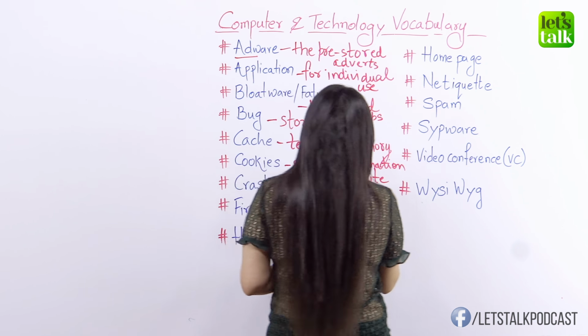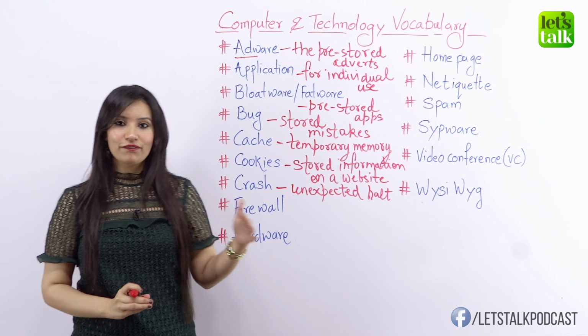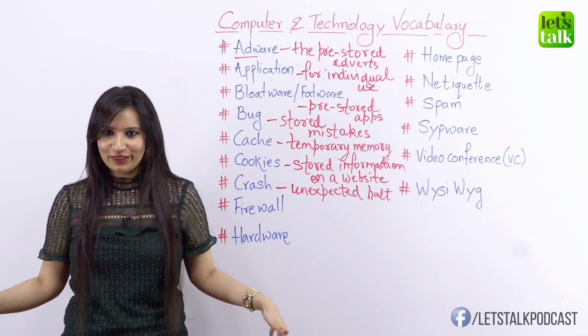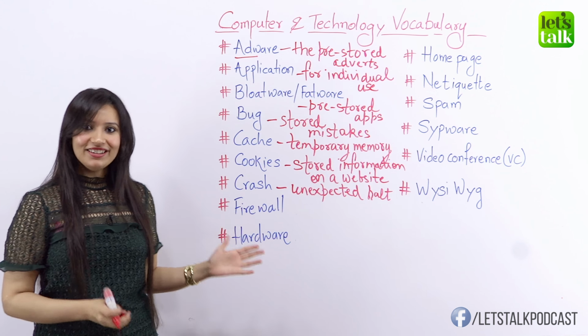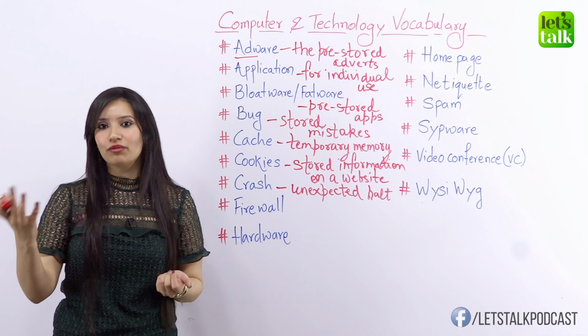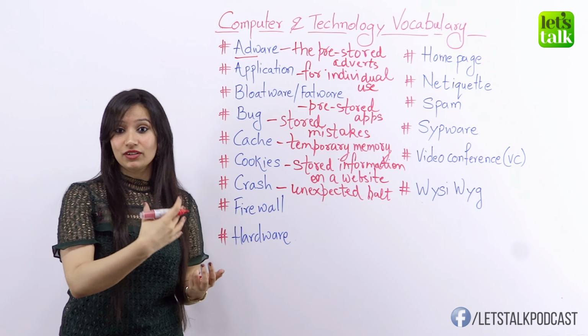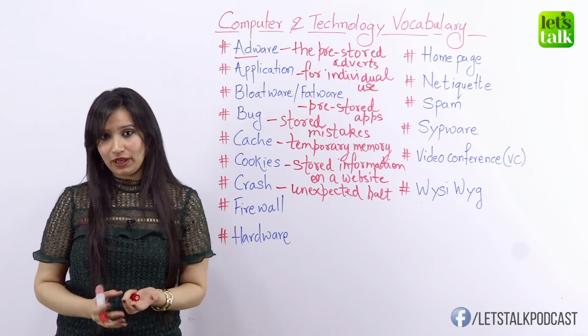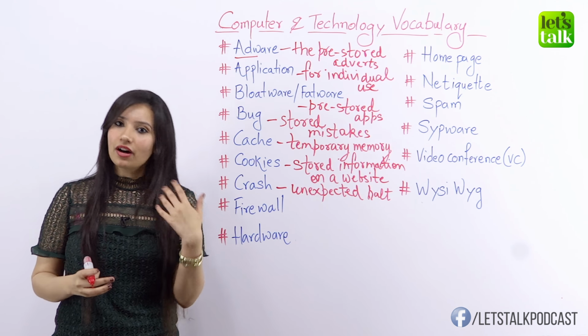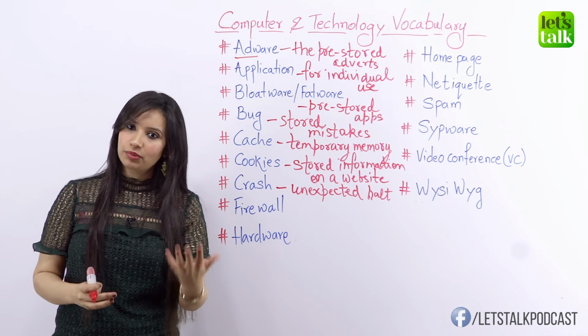All right, let's look at the next word, a firewall. It's like a wall of fire, not literally, but a defensive wall that protects your device from virus or other devices that try to hack your information. So when you're working on a computer network, it's possible that other computer users might want to hack your information.